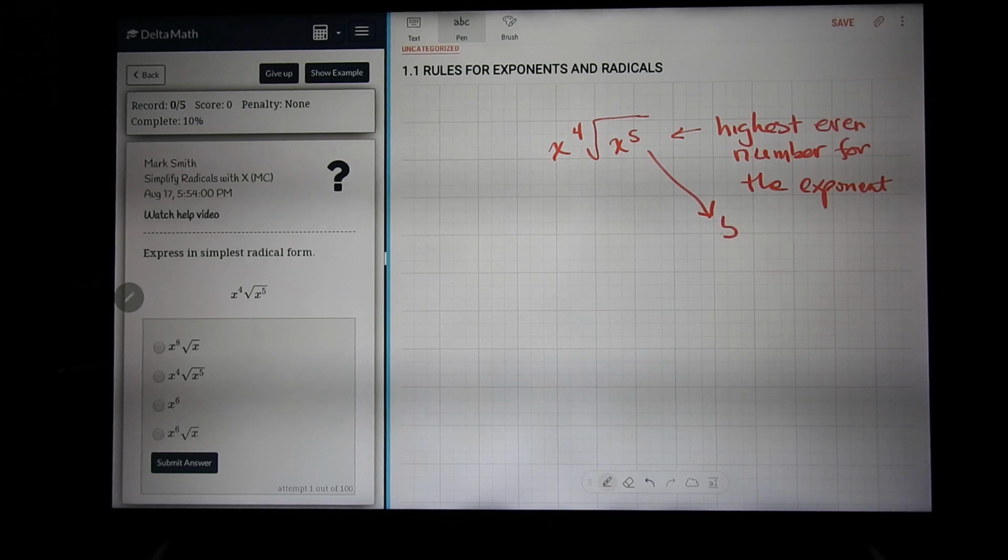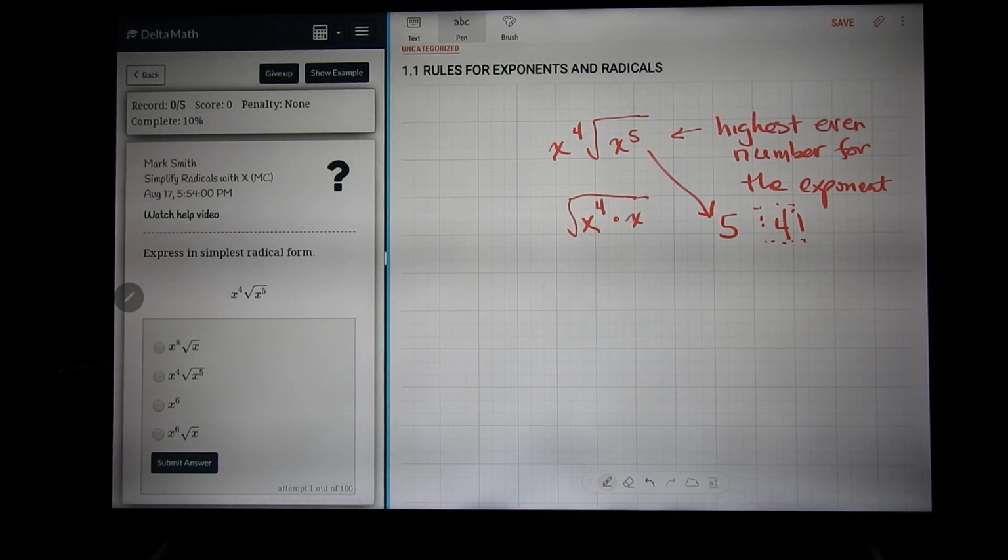The highest even number inside of 5 is a 4. So that's our first step, take the highest even number. If it's an even number, you're already okay. All right, and so we're going to take x to the 4th, and that's going to leave us with 1x.